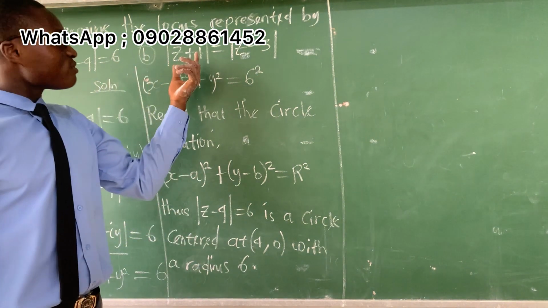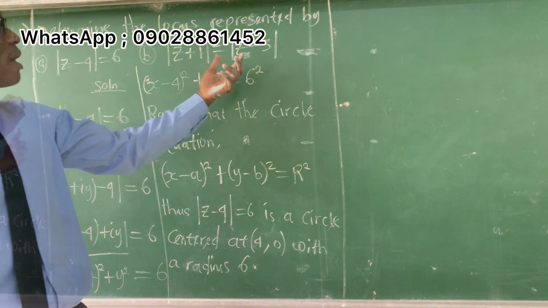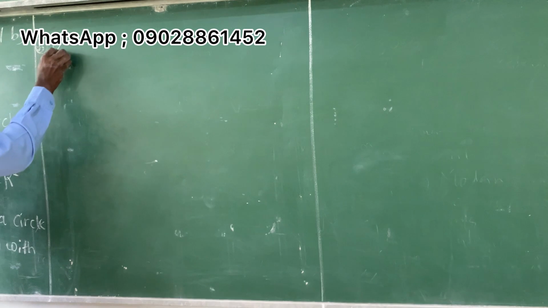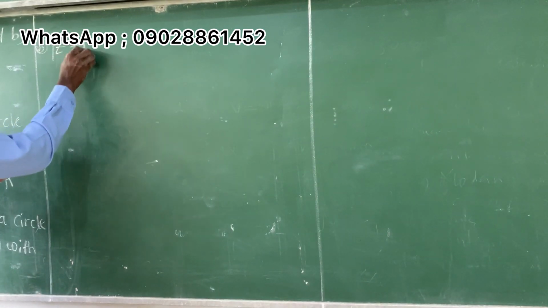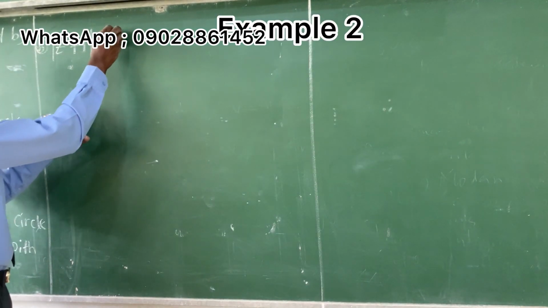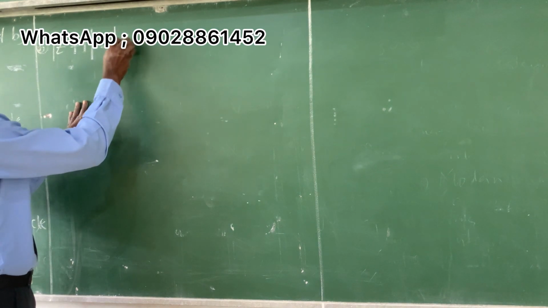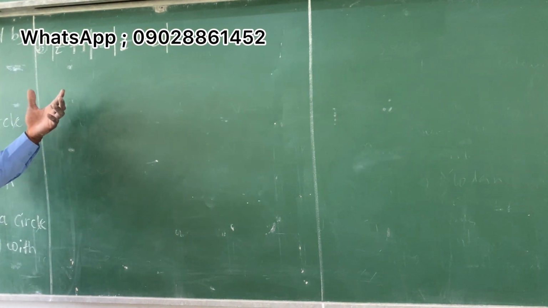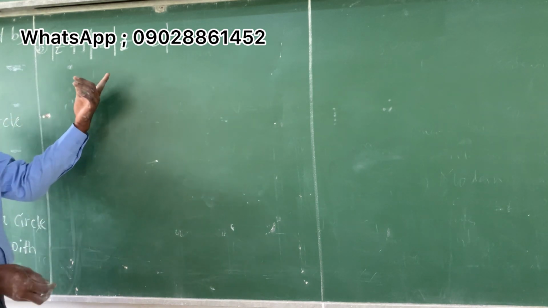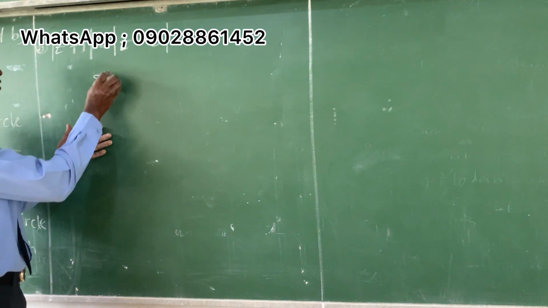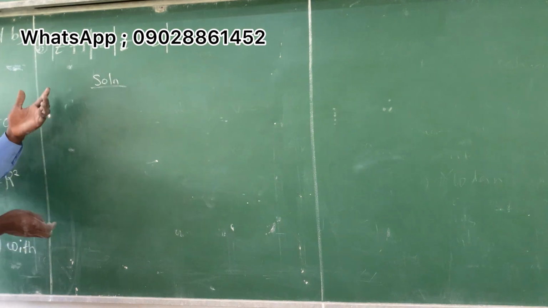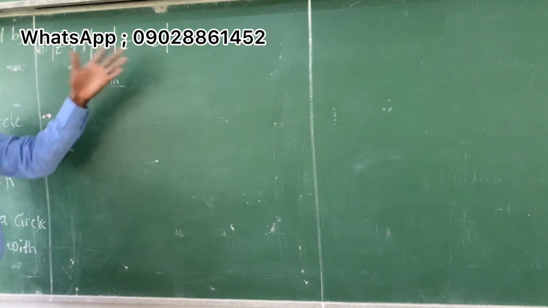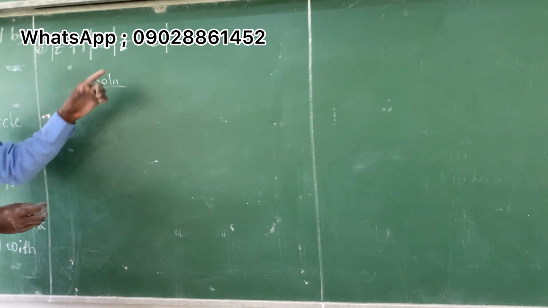The magnitude of z plus 1 equals the magnitude of z minus 3. So the same process we used in the first one, we are also going to use. First of all, we are going to put in the value for z in the left hand side and the right hand side.